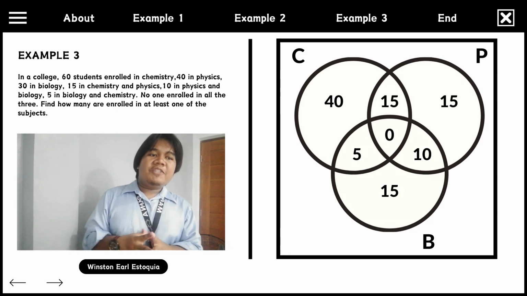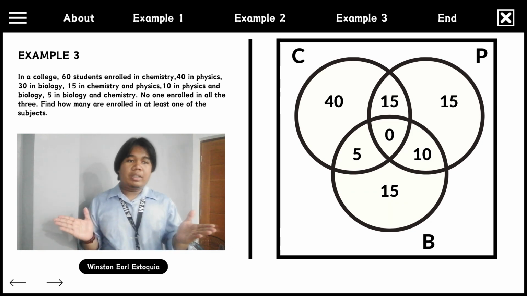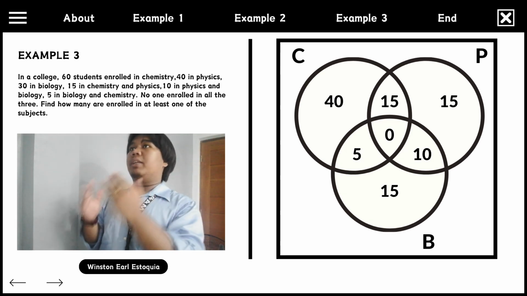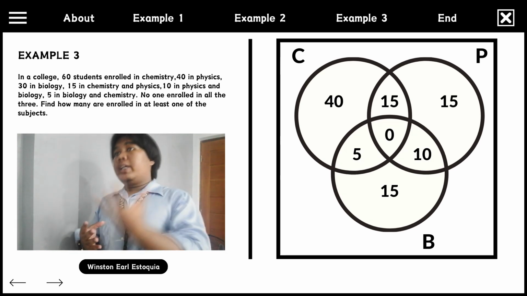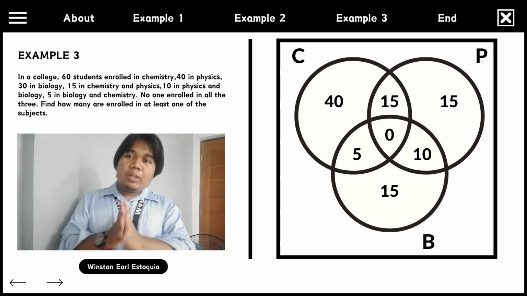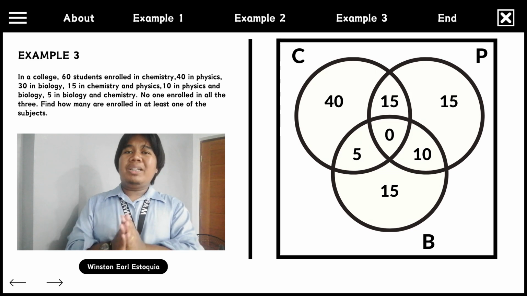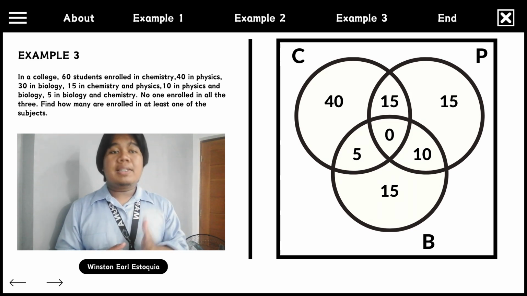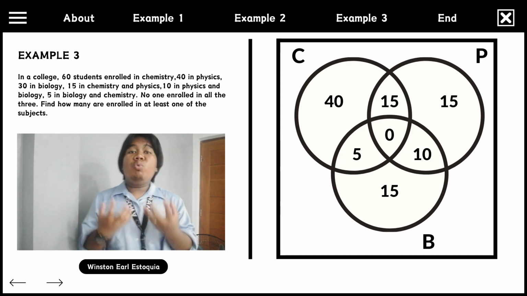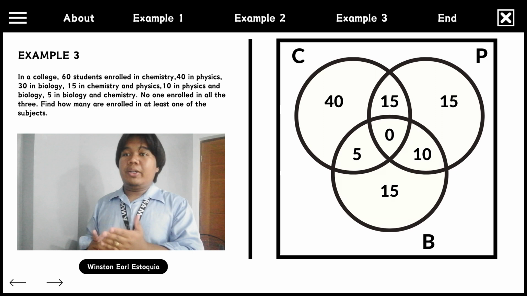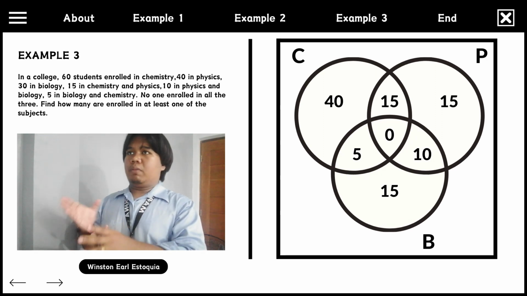Now, it may seem that we're already done. I mean, we've already completed the Venn diagram. We've already plotted out all of the correct values in all the intersections and all the circles, right? But we still need to determine how many students actually enrolled in at least one of the classes. So in order to do that, we only need to add every single value inside the Venn diagram, from all the intersections and all the circles.